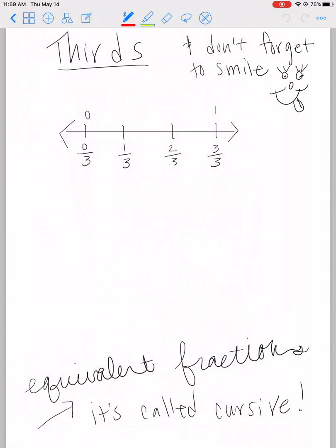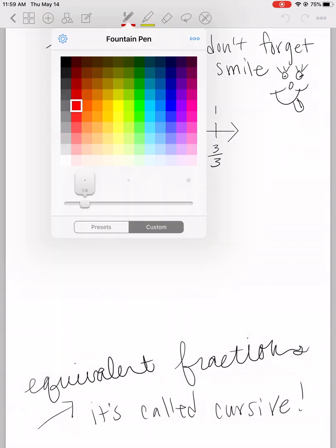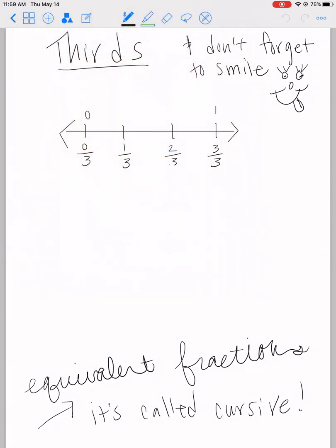So we're on thirds today, and don't forget to smile. Okay, so we have our number line and it's broken up into thirds, but we're going to try and put it in squares, and then we're going to find the equivalent fractions for everything by drawing. So let me pick a color for our square, okay, and then I'm going to need 1, 2, 3, 4 of them.